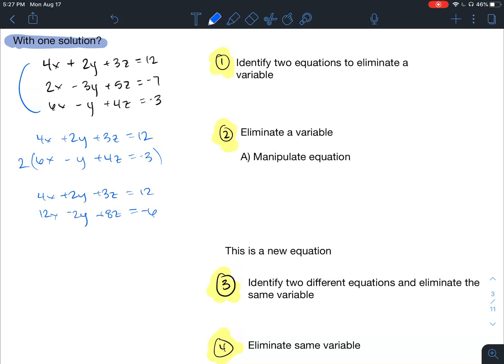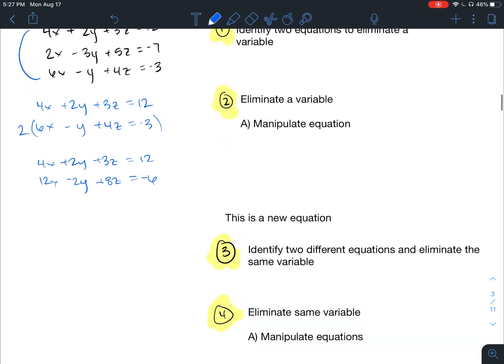Okay, so now we can add these two equations together. Well, 4x and 12x is 16x. 2y, negative 2y is 0. 3z and 8z, that's going to be 11z, which is equal to 12 and negative 6 is 6 right here.